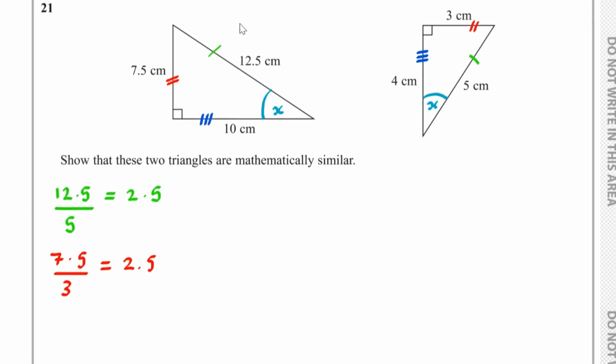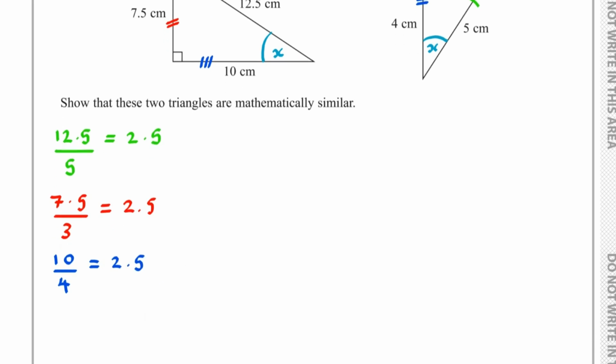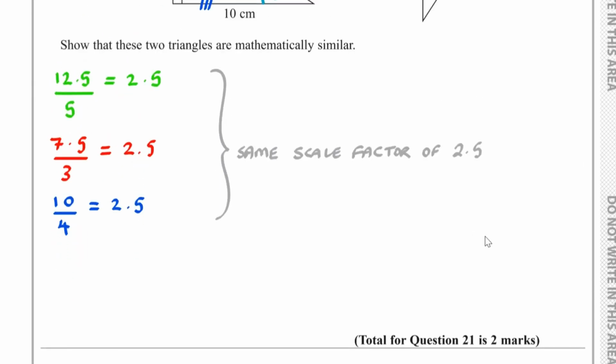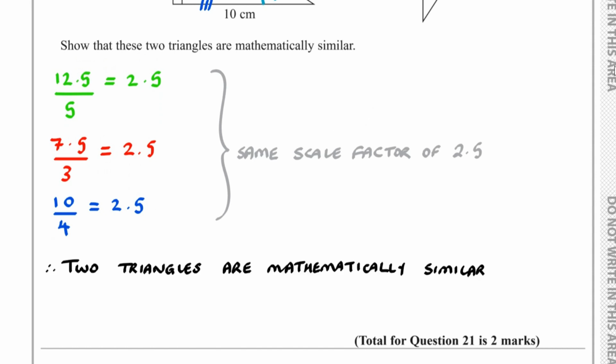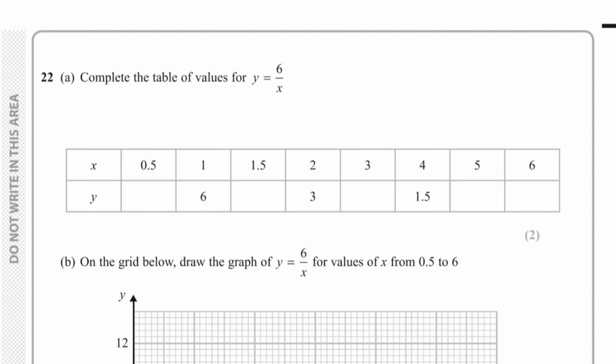And if we do the 10 divided by 4, we get 2.5. So what can we say from all this then? Because we've got this same scale factor of 2.5, we can say that the triangles are mathematically similar.